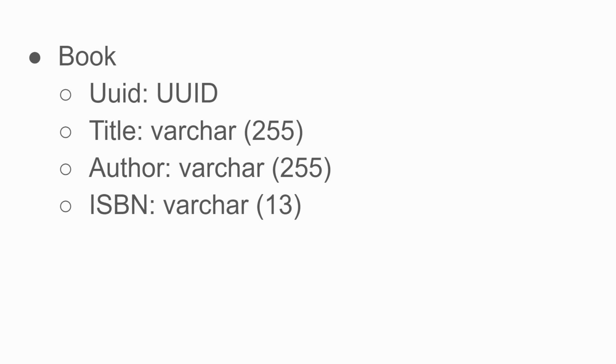It will also be a field of type varchar of 255 characters. And the last field is the ISBN, which is the International Standard Book Number. Since we know that currently ISBNs have a maximal length of 13 digits, we can use a varchar of length 13 characters.